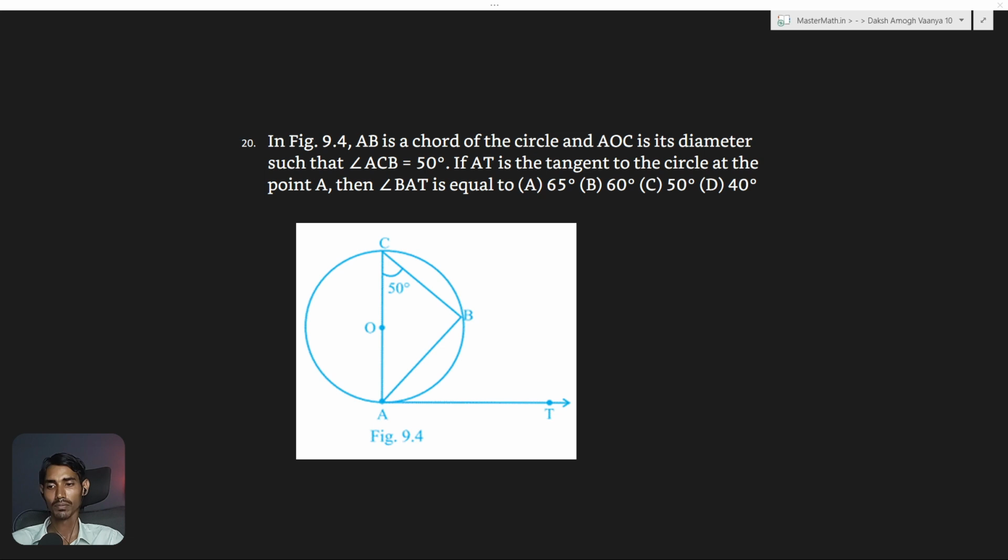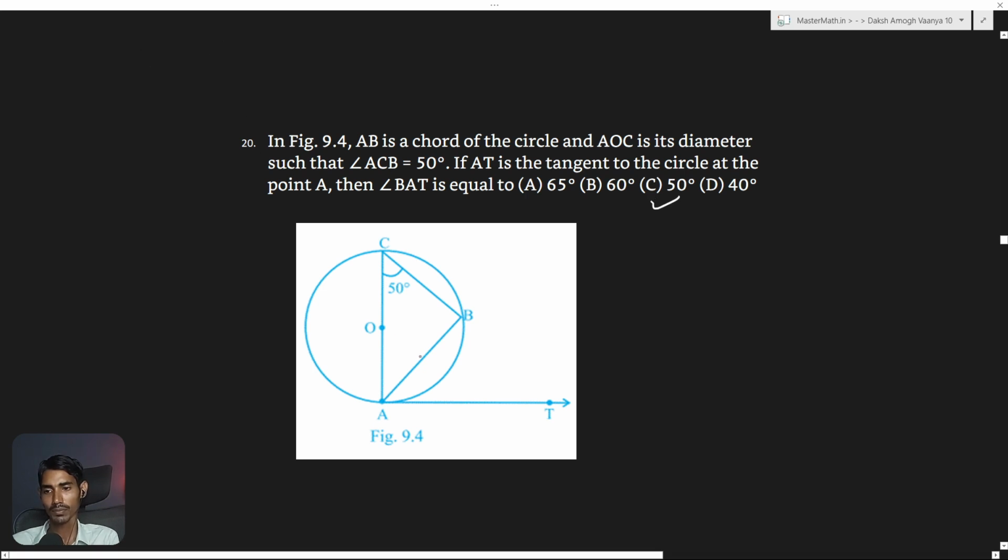Yes, Naveen. I'm getting the answer as 50 degrees. How did you find this? It was given that the tangent is perpendicular to the circle.